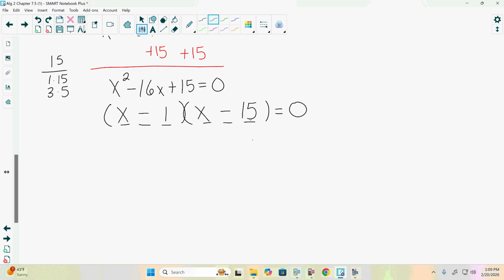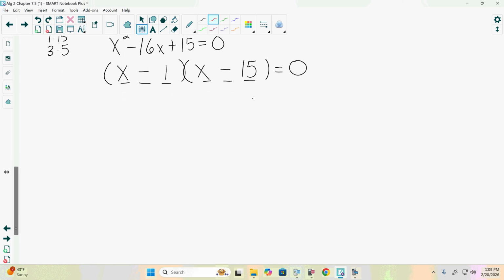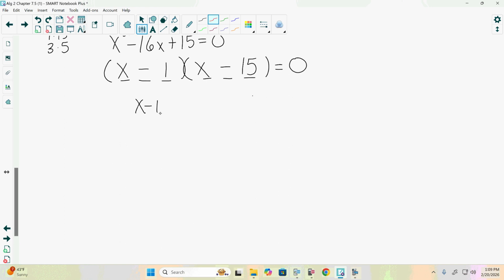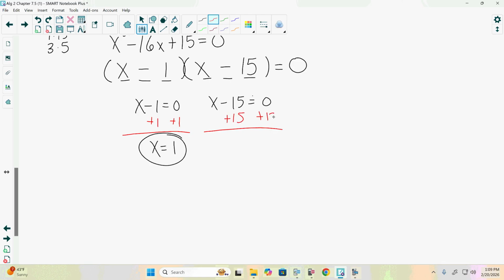Negative 1 times x is negative x. Negative 15 minus 1 is indeed negative 16. Negative 15.